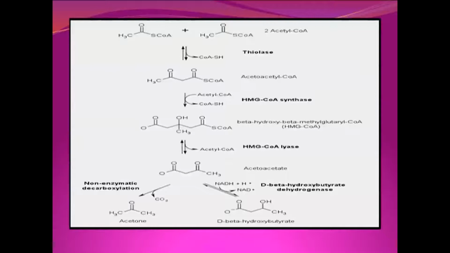In the second alternative pathway, acetoacetate may suffer a reduction at its carbon atom number 2 with the help of the enzyme beta-hydroxybutyrate dehydrogenase to form D3-hydroxybutyrate, the third ketone body in our body. So this particular slide has summed up the 4 steps of ketogenesis.